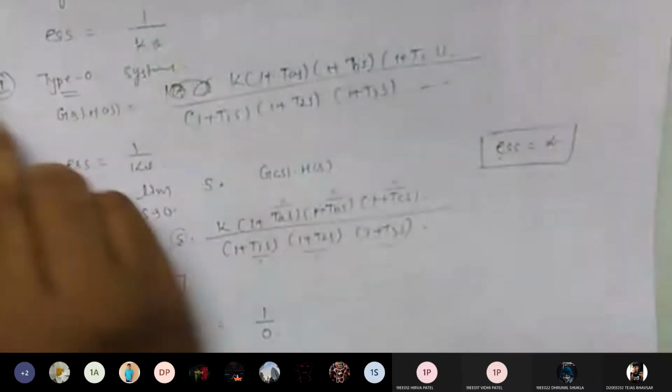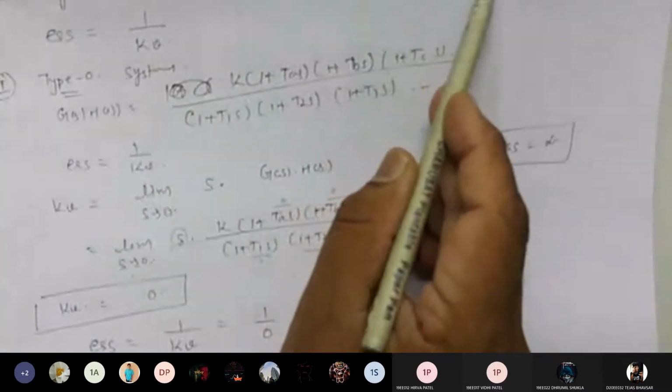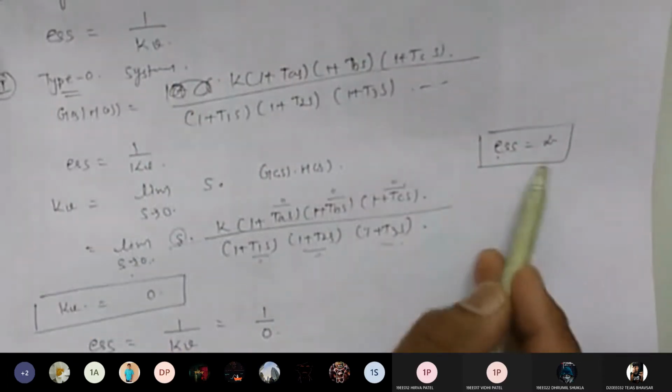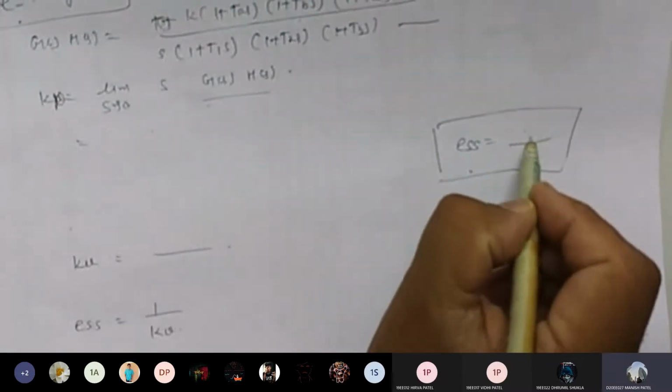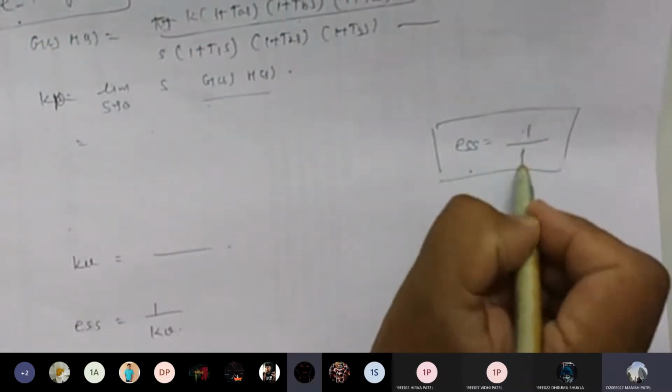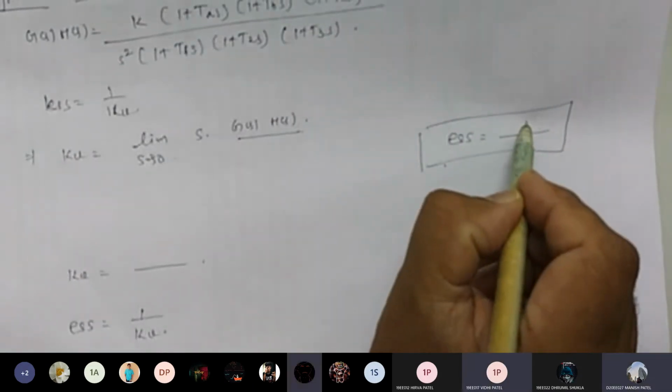Then we have taken the ramp input. Type 0, ESS is equal to infinity. Type 1, 1 by K. Type 2, infinity or 0? 0.